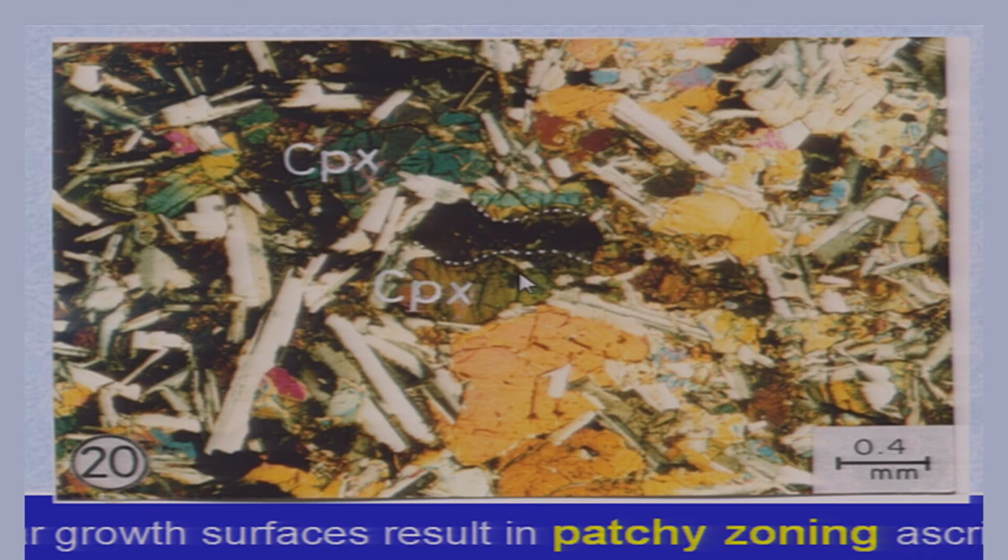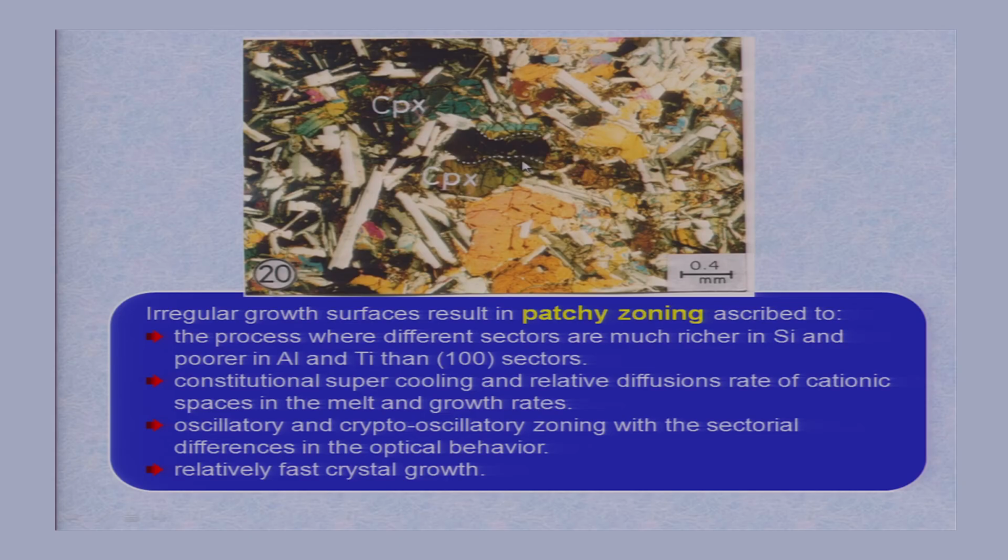It is ascribed to a process where different sectors are much richer in Si, silicon, and poorer in aluminum and titanium. The implication is constitutional supercooling and the relative diffusion rates of cationic species in the melt and growth rates.